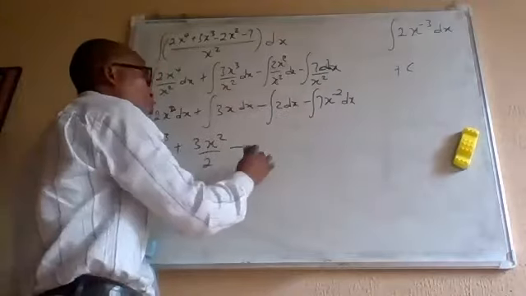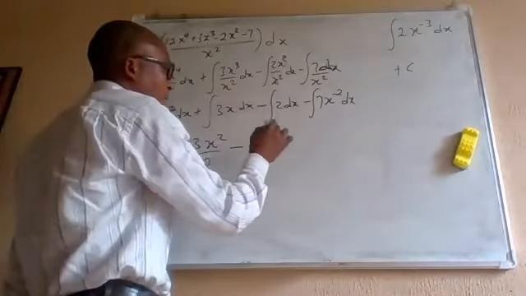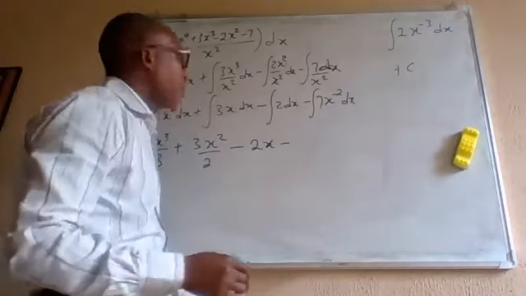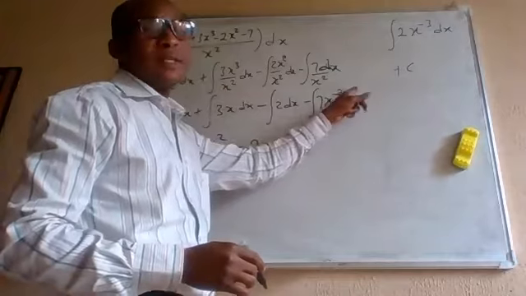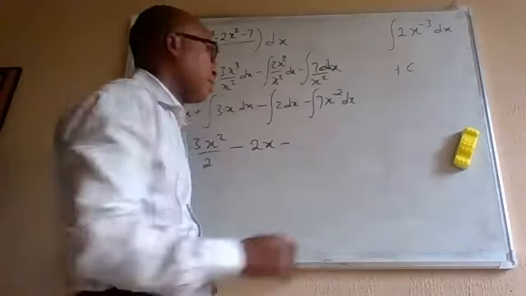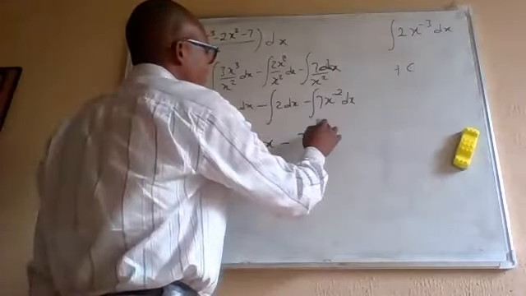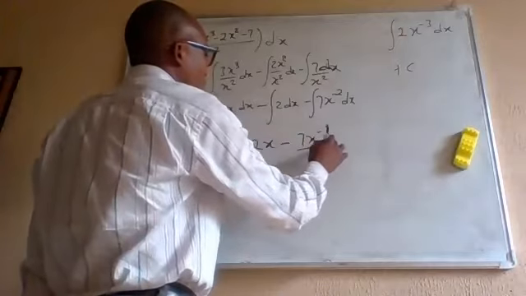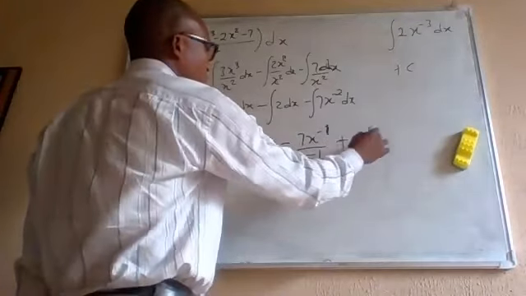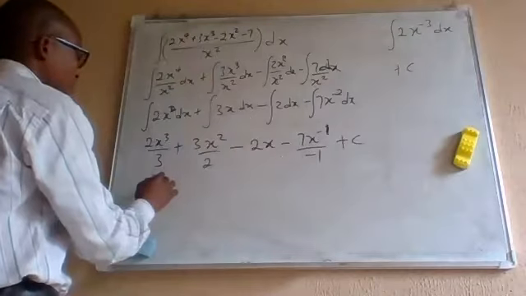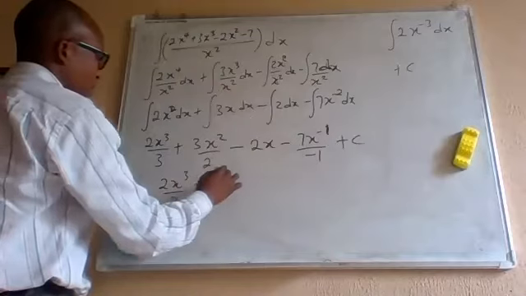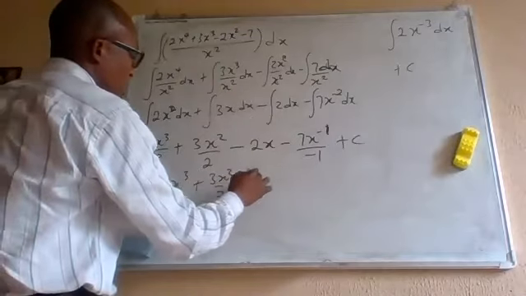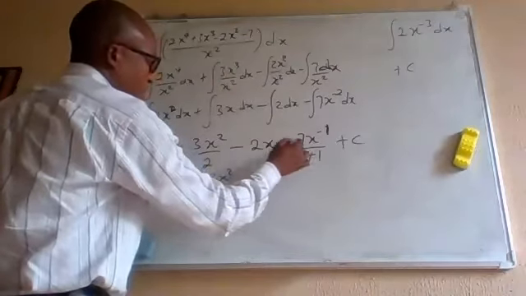So when you integrate those two, it gives you 2x minus. Then this is minus 2. By the time you add 1 to it, that will give you minus 1. So this will give us 7x, this will be minus 1 over minus 1 plus c. Then we can simplify where necessary: 2x raised to the power 3 over 3 plus 3x squared over 2 minus 2x.